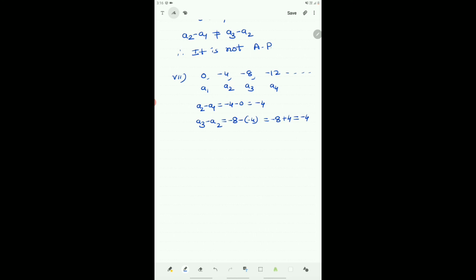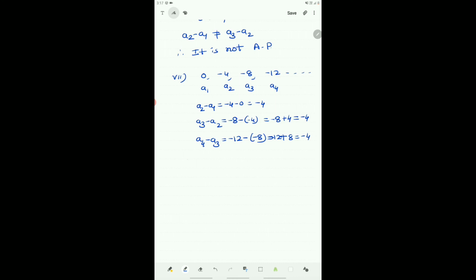So next, find A4 minus A3, that is equals to minus 12 minus of minus 8, that is minus 12 plus 8, that is equals to minus 4. So you got in all the cases minus 4 only.